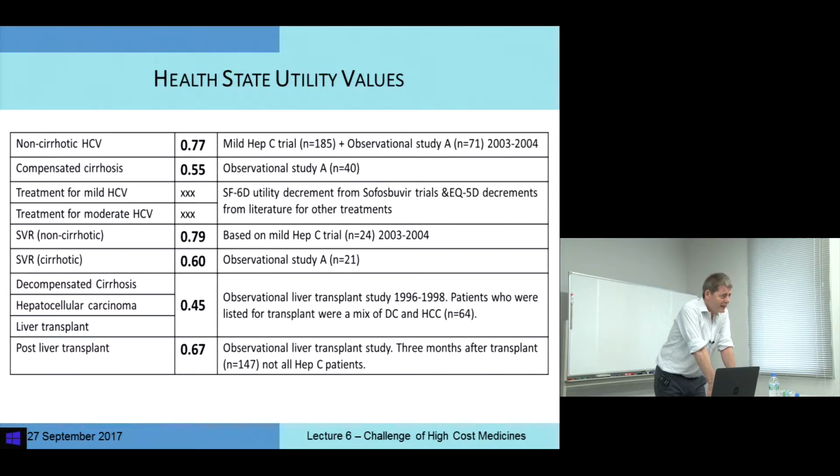That's not really very desirable, but in the absence of other evidence, it's probably the best you can do. And it still has the merit, at least, it's transparent. People can see what numbers went into the model and how they were obtained. Whereas if you don't do that, and you just ask people, should we recommend this or not, and they say yes or no, you don't know what their reasoning was. You don't know what information they've used to form their judgment.